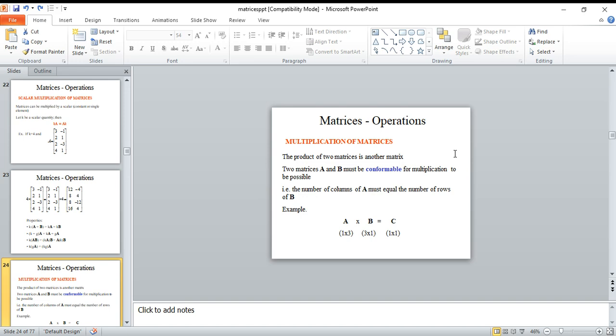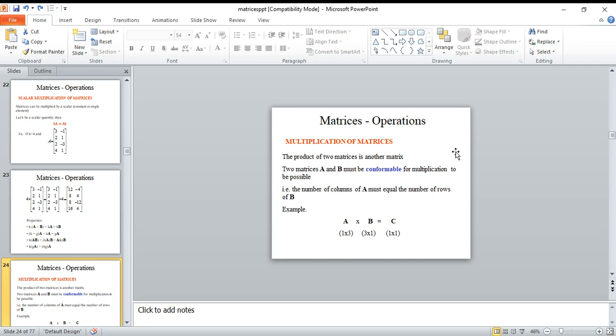This is a little complicated. If you do more examples, it will be easy. Multiplication is not as simple as addition and subtraction. There is also a different property, a different process. Do different types of examples and it will become easy.